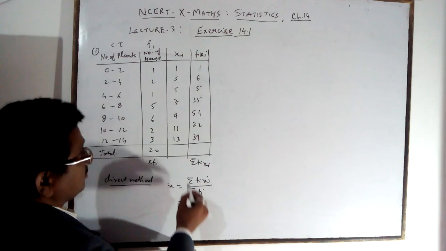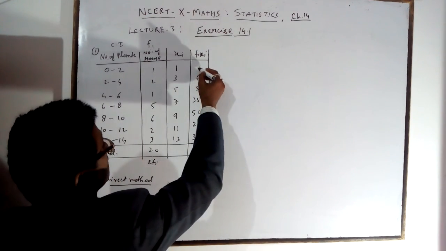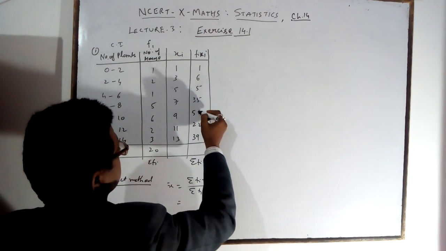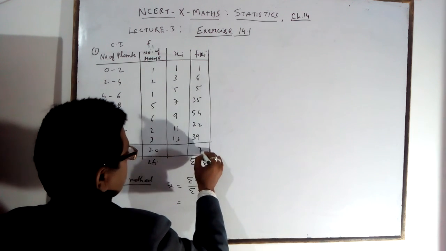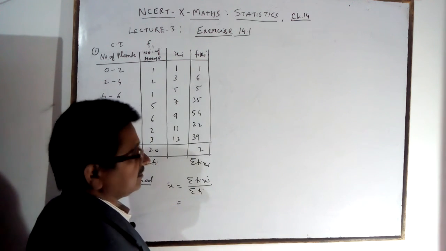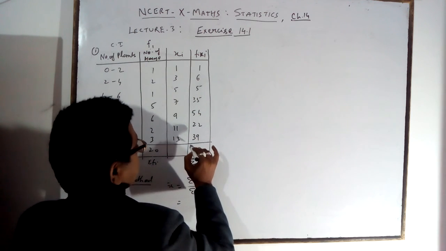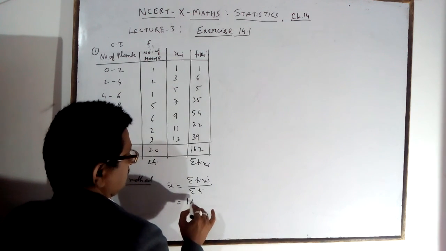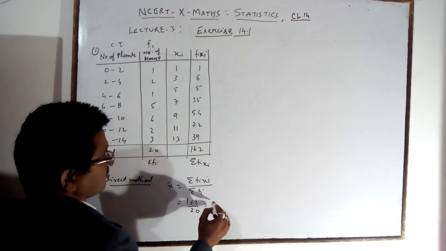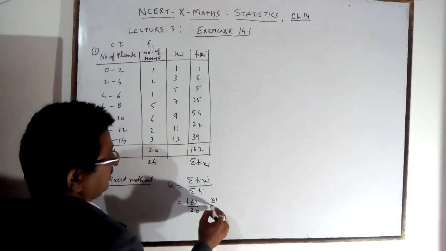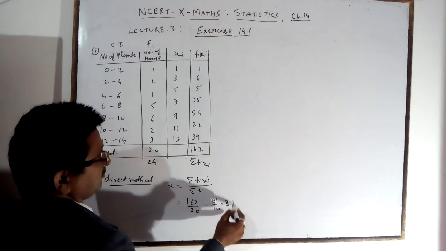Sigma fi, you add all: 6 plus 1 is 7, 12, 17, 18, 19, 20, 21, 22, 23, and this gives 162. 162 upon 20 gives 81 upon 10, which is 8.1.